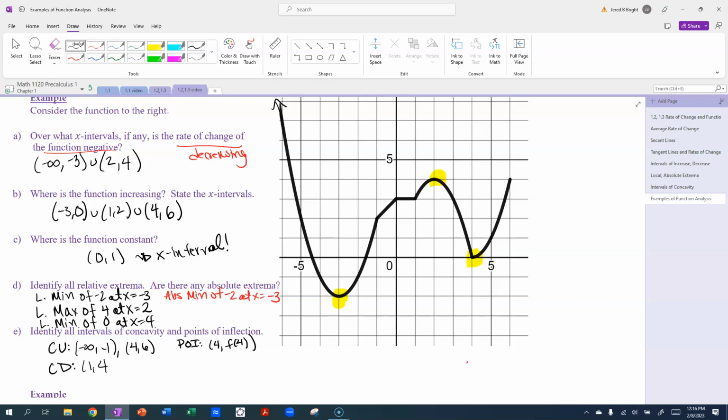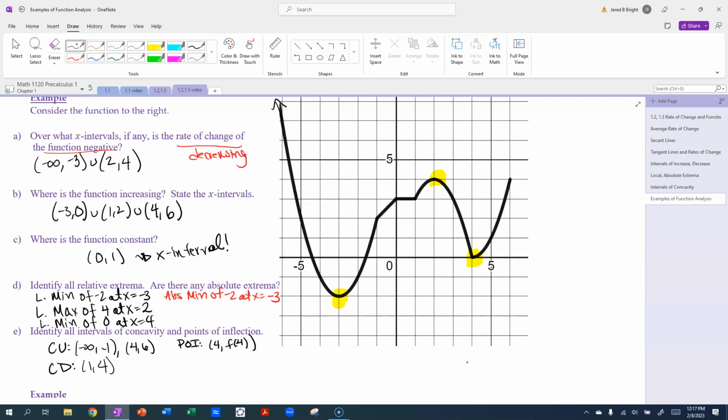I could imagine filling this with water and having liquid stay in there, or at least that being the right side of a bowl. So that's where I have concavity: concave up being from 4 to 6. And with this notion of point of inflection, I'm interested in where it is changing concavity from down to up.